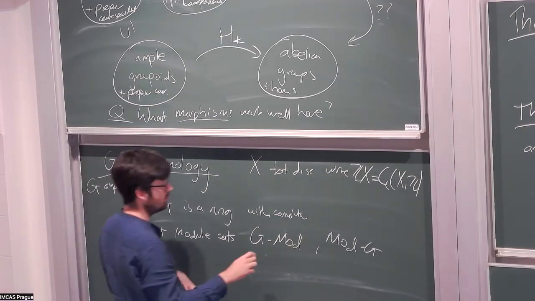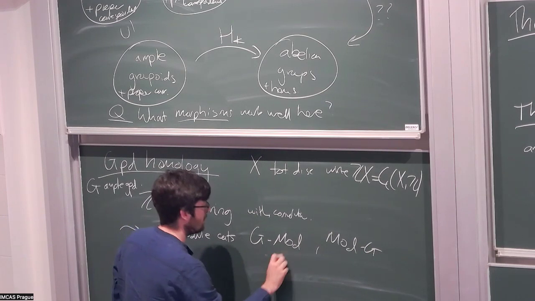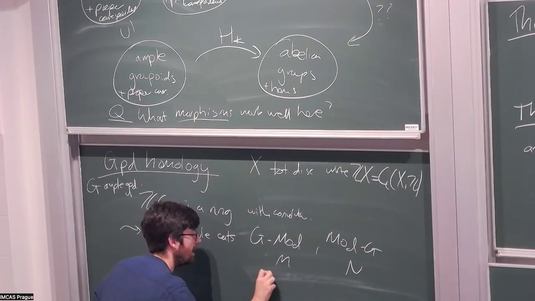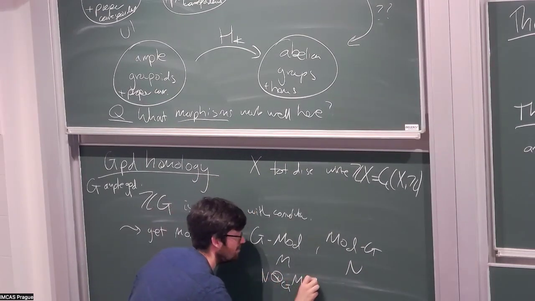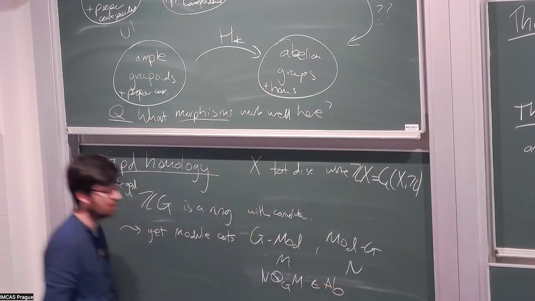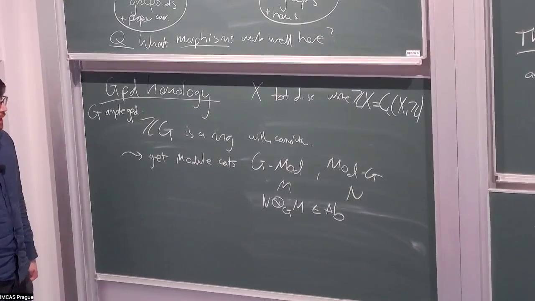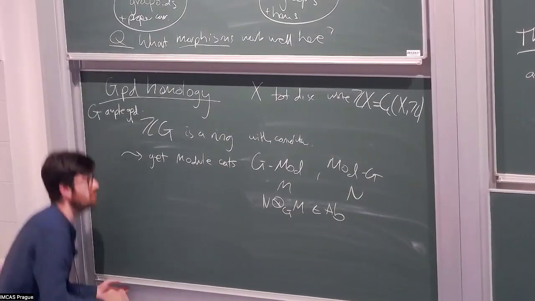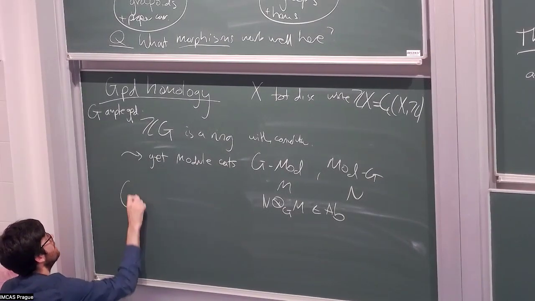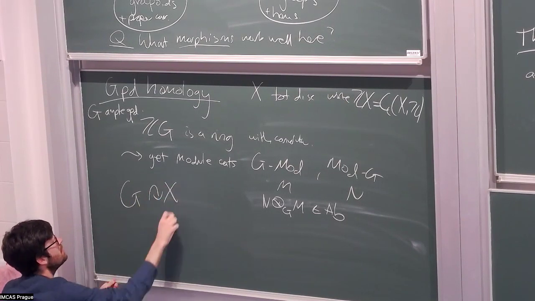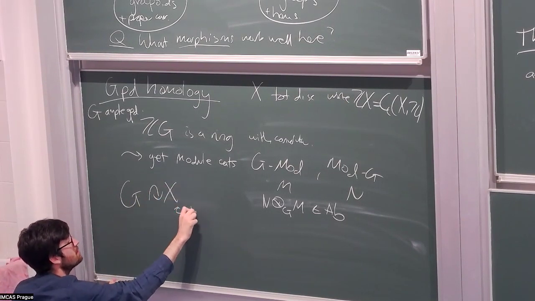So if you've got M here and N here, then N tensor over ZG of M is an abelian group. This is something you can do. And a source of modules is if you have an action on some space where this is totally disconnected.